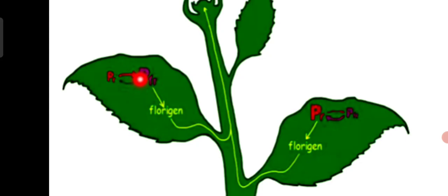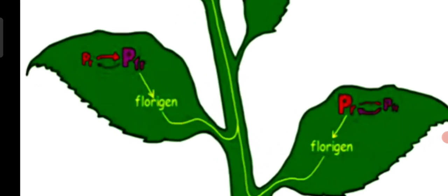Certain genes are activated, and this hypothetical hormone florigen is produced in these leaves, and from these leaves this florigen is conducted through phloem sieve tubes to the location called floral primordia. When it reaches the floral primordia, here you will find that flower formation occurs.